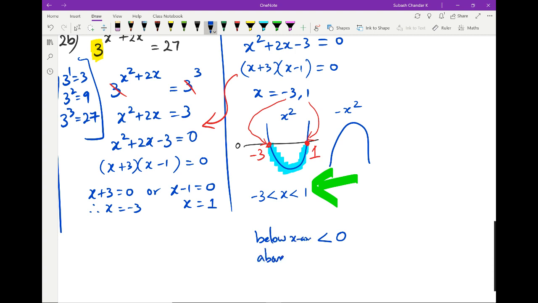Above the x-axis, you're looking for greater than 0. They might say, when is the graph always positive? So if they say, when is it always positive, you are looking at this symbol. Or when is it always negative, you're looking at less than 0. Okay. All right.